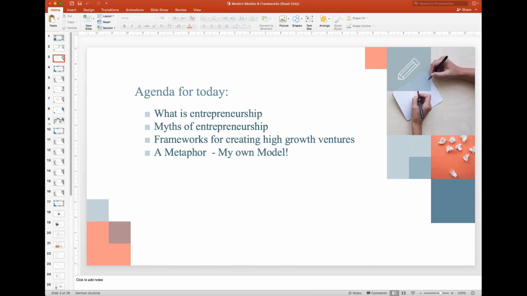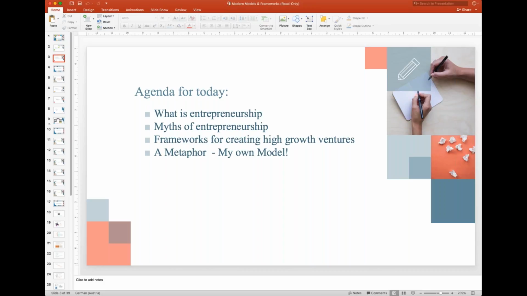So four main points for today. One is, what is entrepreneurship? Some common myths of entrepreneurship that I see a lot of first-time entrepreneurs come with, and me and my colleagues see how it really harms them in their day-to-day life and trying to get into creating a new venture.